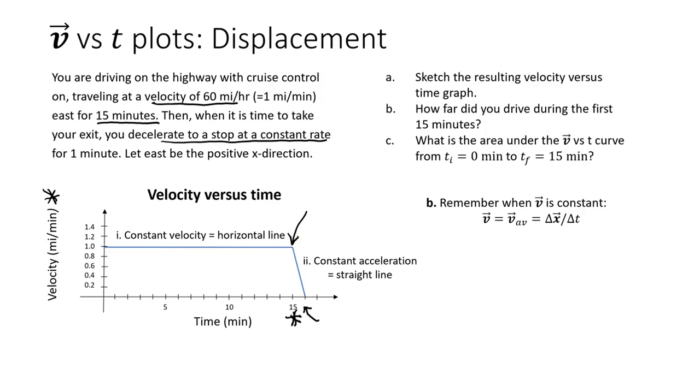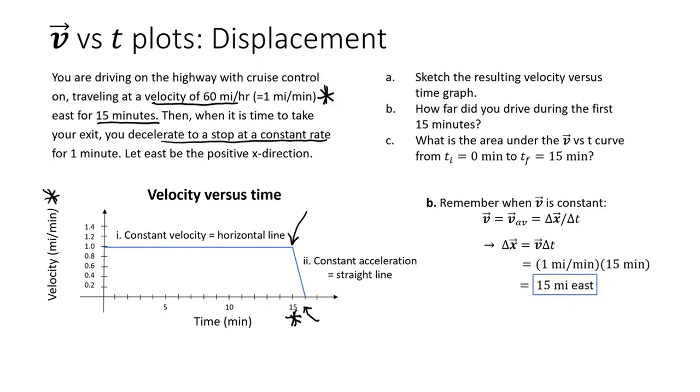In that period of time, I would have traveled delta x over delta t, right? That's my displacement over change in time. So I can go ahead and rearrange this equation and get my displacement, delta x, is going to be equal to v delta t during that time frame, where v is my average velocity, but it's also equal to that instantaneous velocity. In this case, it was 1 mile per minute.